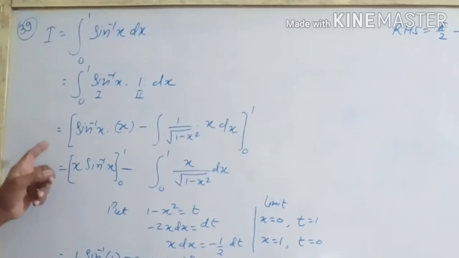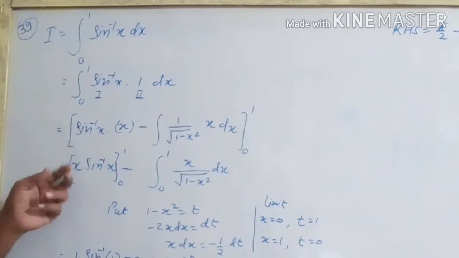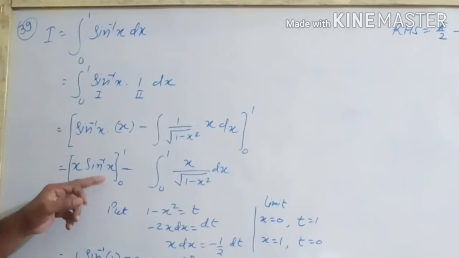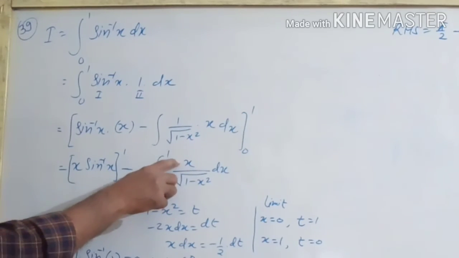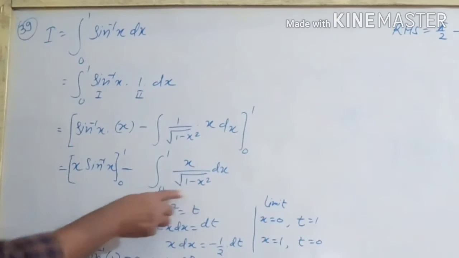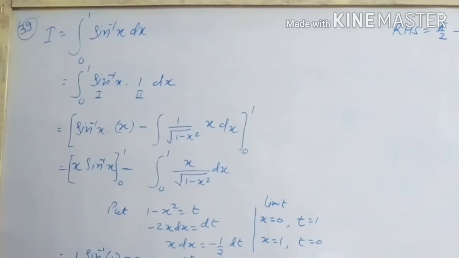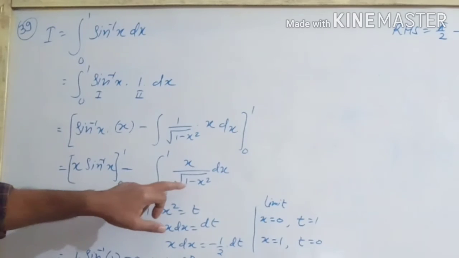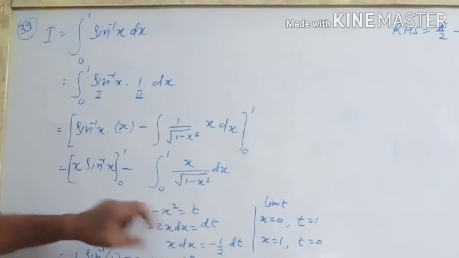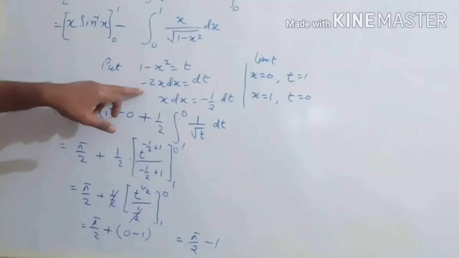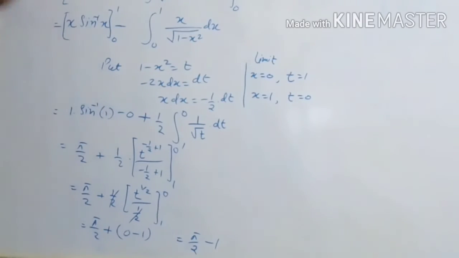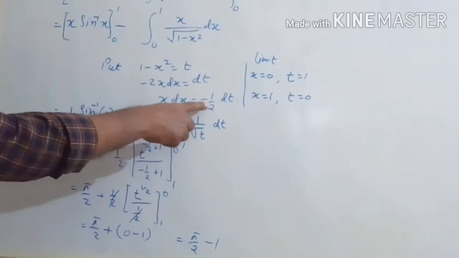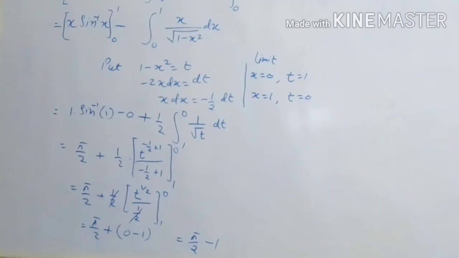Now in the first term write the limit 0 to 1, and in the second part it is x upon under root 1 minus x square, with limit 0 to 1. In this second integral, put under root 1 minus x square as t, its differential is minus 2x dx equal to dt, and this minus 2 transferred to the right side, so you will get x dx is equal to minus 1 by 2 dt.